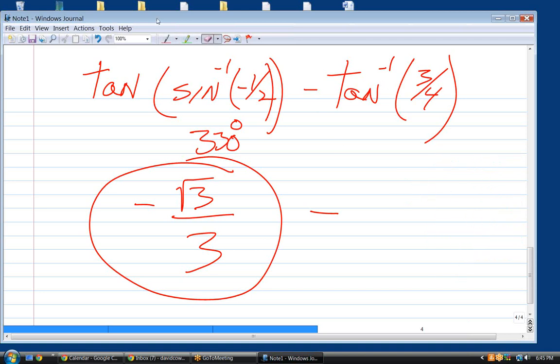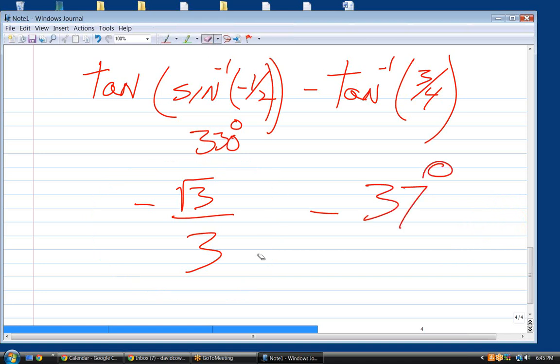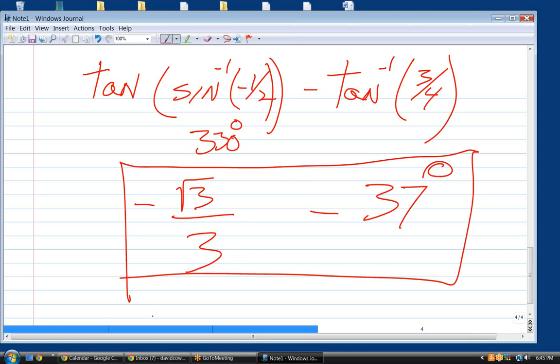So in place of this, now this is a bit of a puzzling answer because we have a number minus an angle. I could make this angle in radians, I suppose. Not sure that really helps anything.